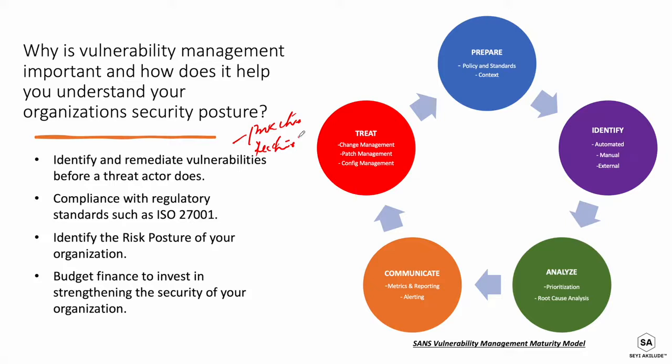One of the things you can do is to invest in firewalls, for example, or intrusion prevention systems or intrusion detection systems. Each of these tools costs money, and those are the things that will guide your decision making based on the risk posture that you have in your environment.